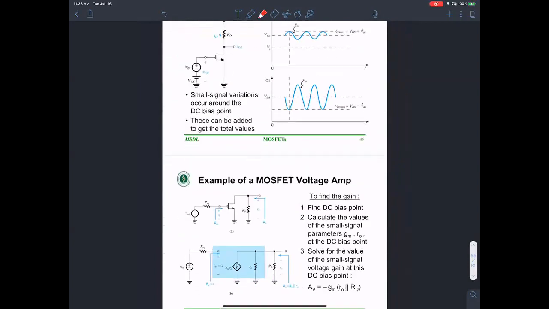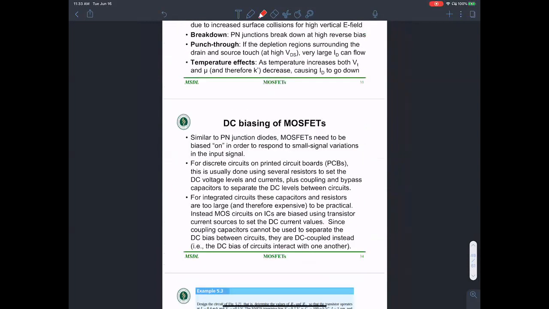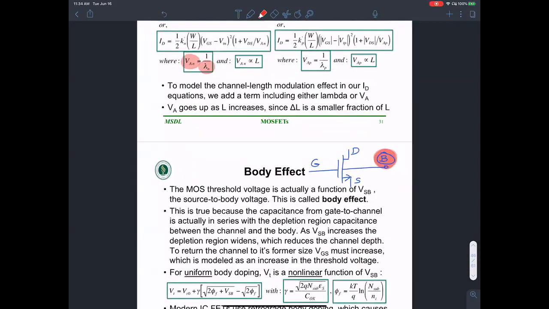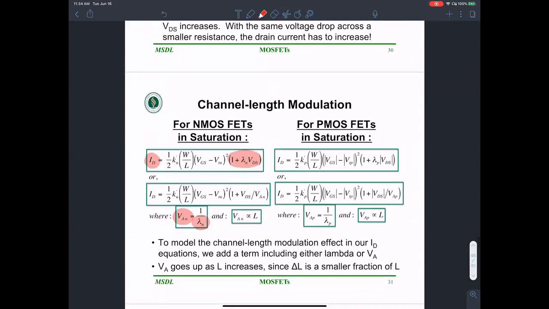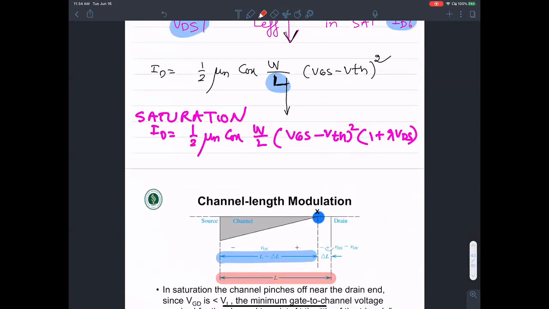That's for tomorrow. Quick questions, comments, concerns. We talked about a higher order effect called channel length modulation. From here on out, when I say the drain current, you want to use the equation that incorporates lambda VDS, 1 plus lambda VDS, unless I specifically ask you to take the value of lambda to be 0.